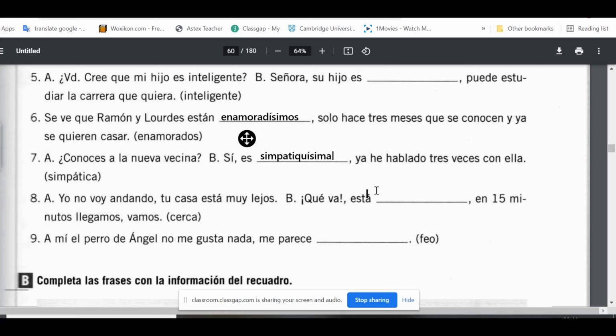Yo no voy andando. Tu casa está muy lejos. ¿Qué va? Está cerquísima, en 15 minutos. Okay, the problem is you can see the letters, but you don't think about the sounds of the letter. How do you read this in Spanish?